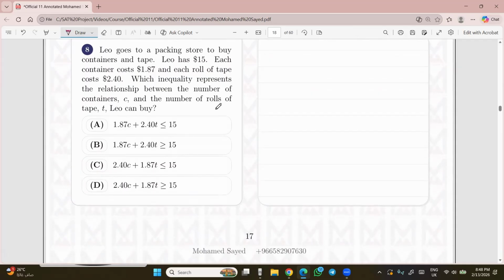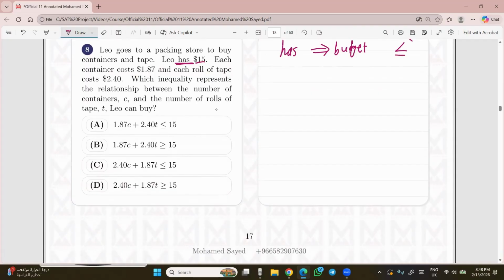Question number 8. Leo goes to a packing store to buy containers and tape. Leo has $15. This word has another meaning, which makes a budget. So the meaning of the word has in English, translated into math, makes it a budget, and the budget means less than or equal.